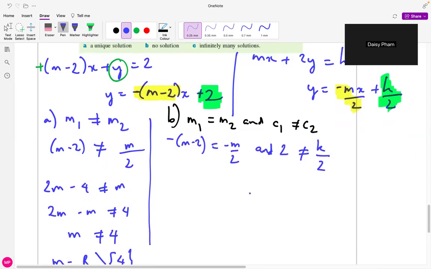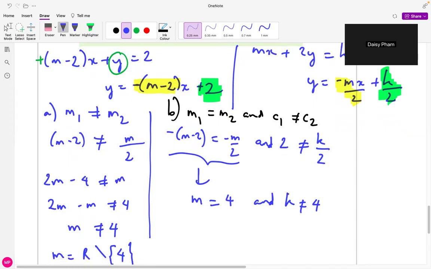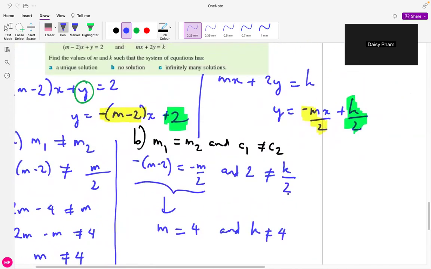From here you can solve it. The left-hand side is the same as before, except instead of not equal it is equal, so you do the same process and end up with m equal 4. And 2 times 2 equals 4, so k just must not equal 4. So for B, m equals 4 and k not equal 4. So k has to be something else.